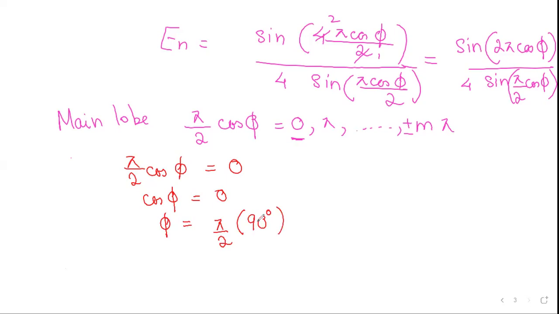That means your major lobe is situated at 90 degrees. But if I say minus 90, will that be okay? Cos of 90 is 0, cos of minus 90 is also 0, because cos is immune to the minus sign. That means I can say that my major lobe resides also at minus pi by 2. So everybody is comfortable with this.